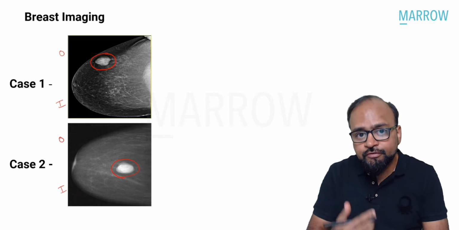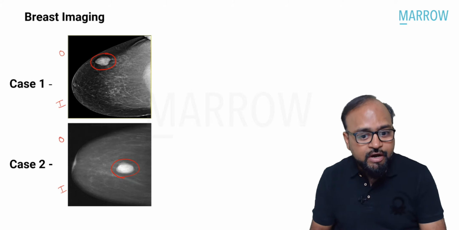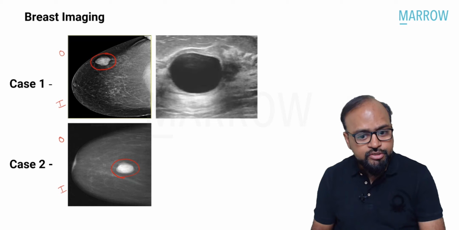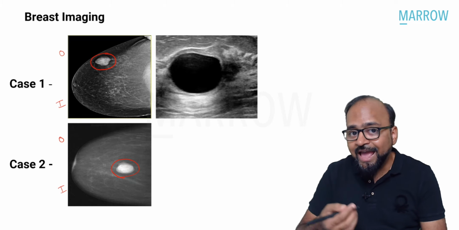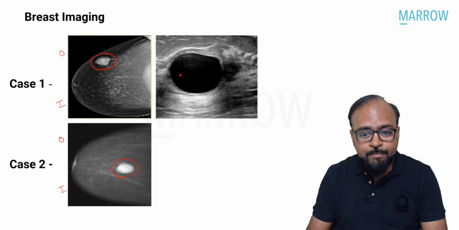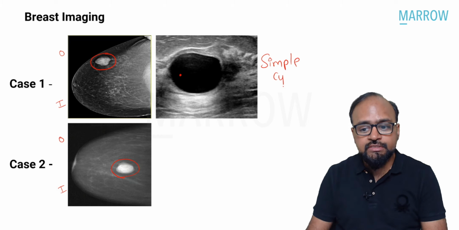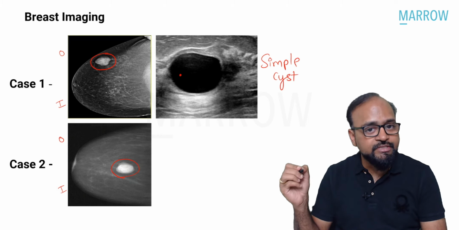So when we did a further ultrasound of these lesions, in the first case, we found this particular lesion to be an anechoic lesion on ultrasound. So this is a jet black anechoic lesion. The diagnosis was a simple cyst within the breast.